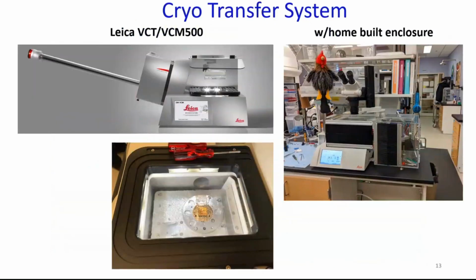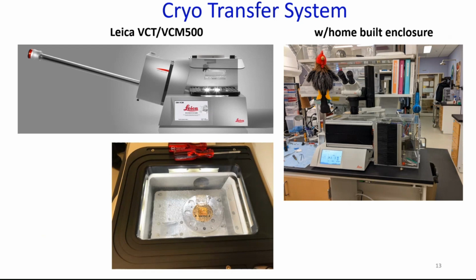Okay, so from there we go into our Leica VCT transfer system. The Leica image is far nicer than it looks in the lab. This is what it is in the lab. We've built an environmental chamber around it to reduce the contamination from ice in the environment.